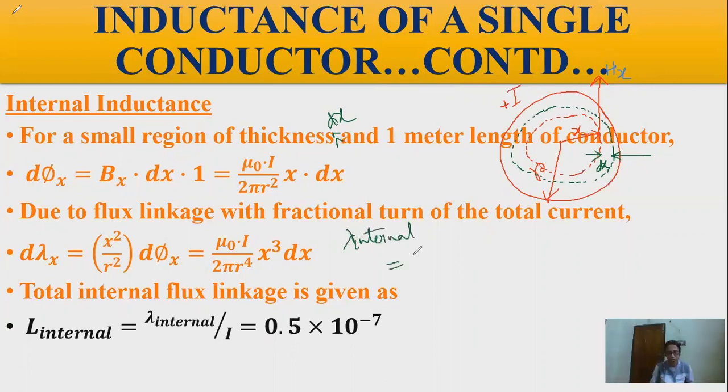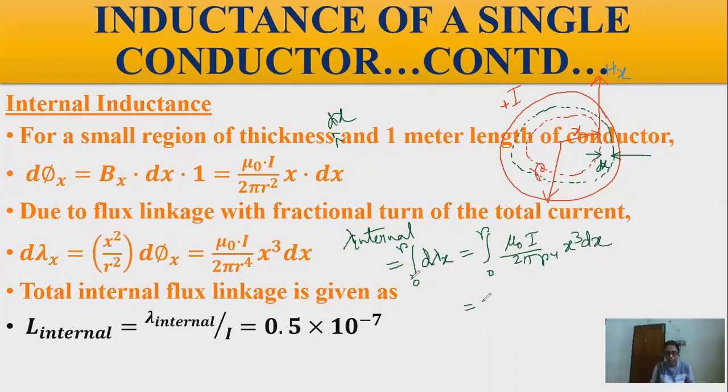Showing it directly, from 0 to r, mu naught I divided by 2 pi r to the power 4, x cube dx.